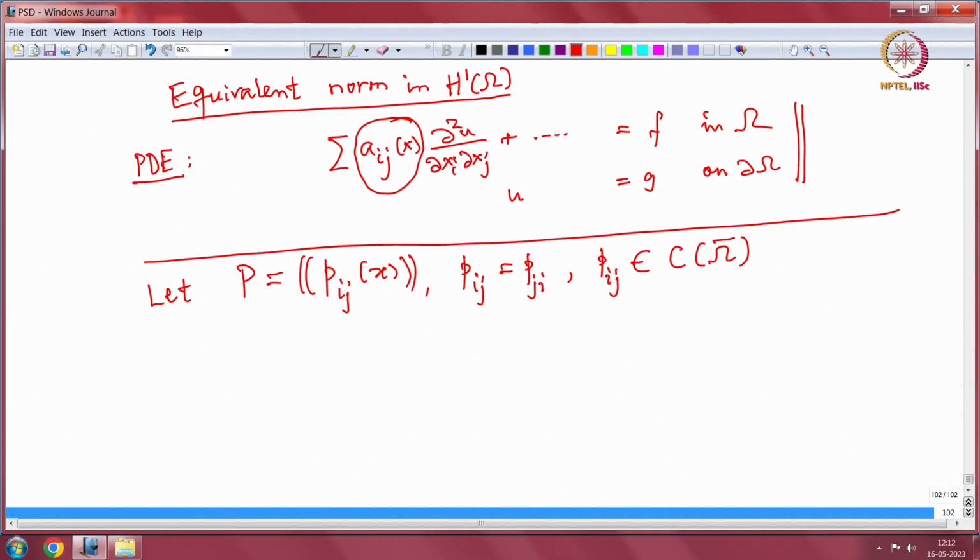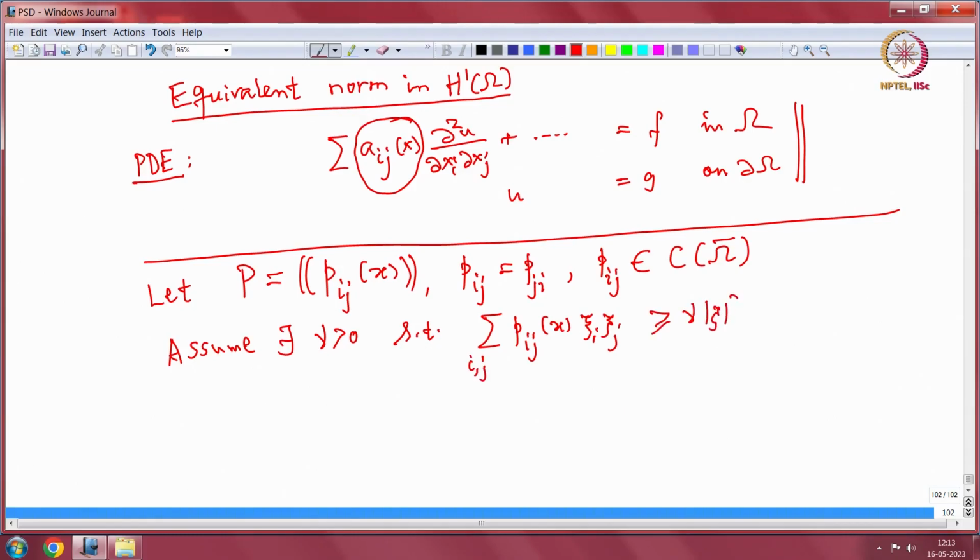So, assume there exists gamma positive such that the sum of P_ij(x) xi_i xi_j is bigger than or equal to gamma times the norm of xi squared, for all xi in R^n and x in omega closure.